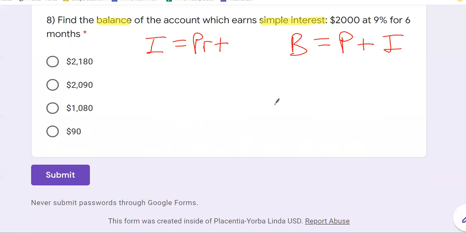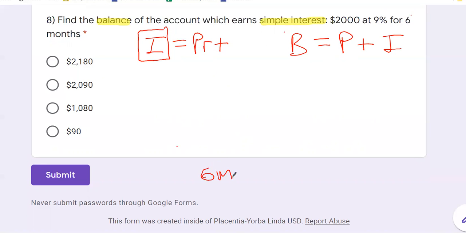So what you're going to have to do is first find what I is, because you have $2,000. That's how much is being invested, the principal, 9%. But if 9% is going to be substituted in for the rate, it must be converted to a decimal. 6 months. Remember that time in simple interest is always in years.